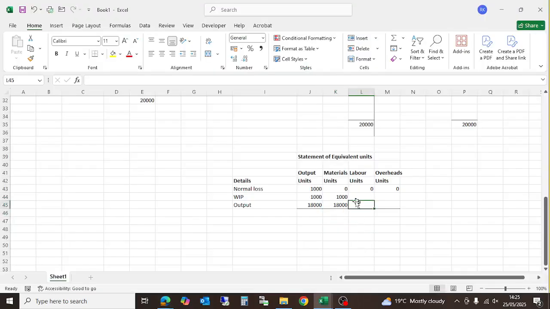So this 18,000 will go exactly the way it is. You understand why, right? Yes. And then this will be at 50%. It will be 1,000 multiplied by 50% or divided by 2, and then we'll do the exact same thing again. Although here it should be 250 because my formula is picking this incorrectly.